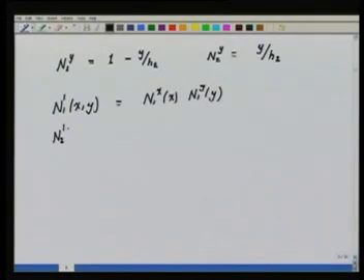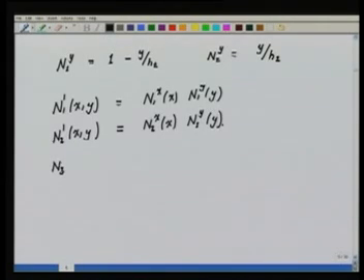n2 in element 1, as a function of x and y, is equal to n2 of x into n1 of y. n3 in element 1 is equal to n2x, which is a function of x, into n2y, which is a function of y.